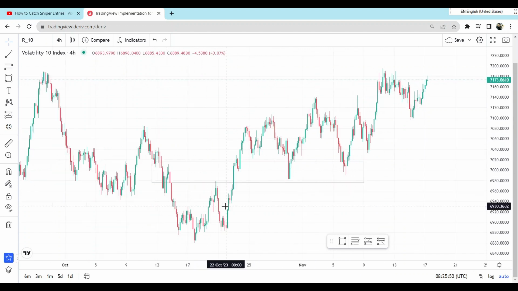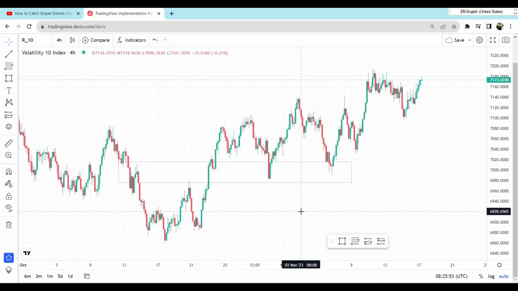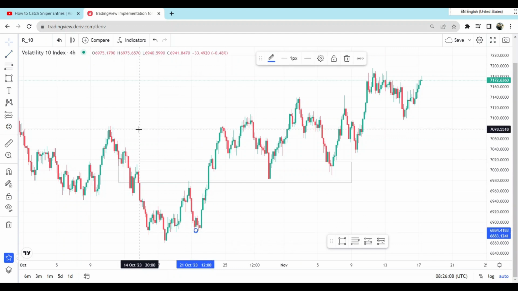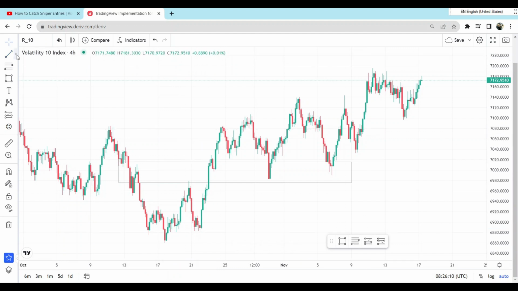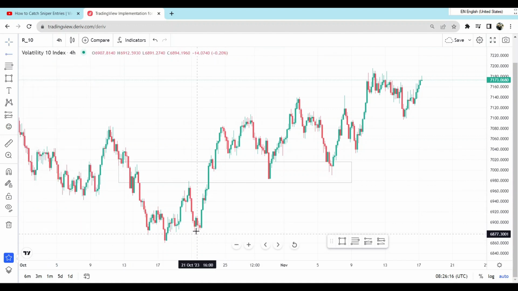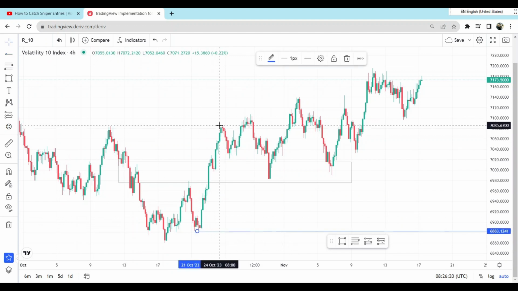For everything else, I need to know where the market is ranging. How do we know where the market is ranging? You start from the very bottom of the market, since it's an uptrend market, and you identify the low and the high.